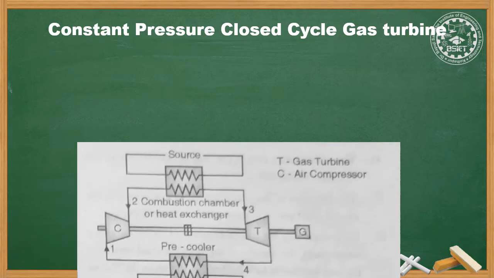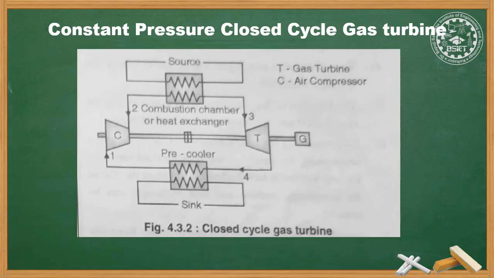The figure below shows the closed cycle gas turbine. In this, the air is compressed in the compressor, which increases its temperature and pressure. This compressed air is passed through a heat exchanger where heat is added at constant pressure. The compressed air leaving the heat exchanger is passed through the gas turbine.